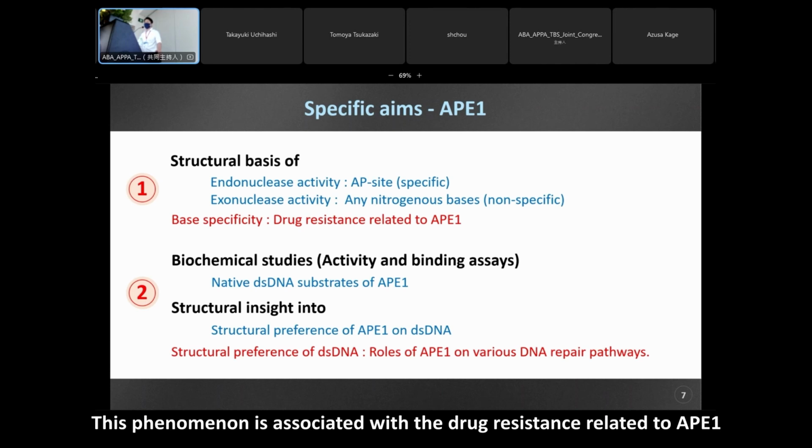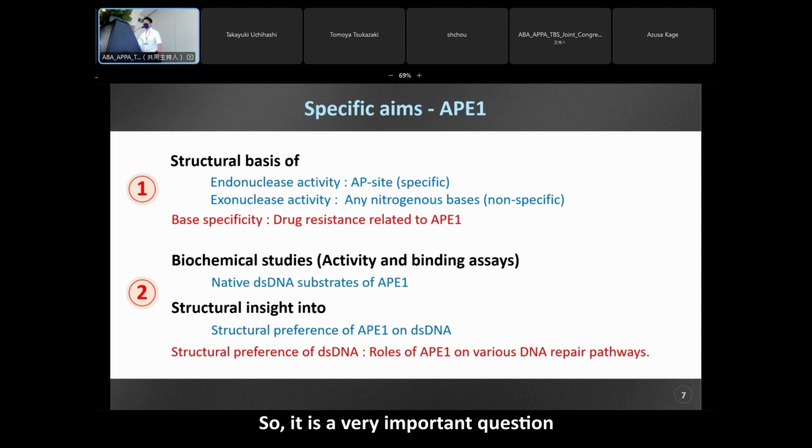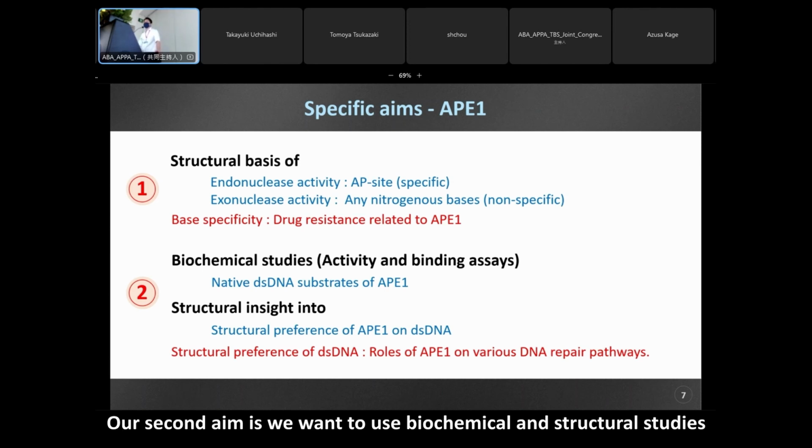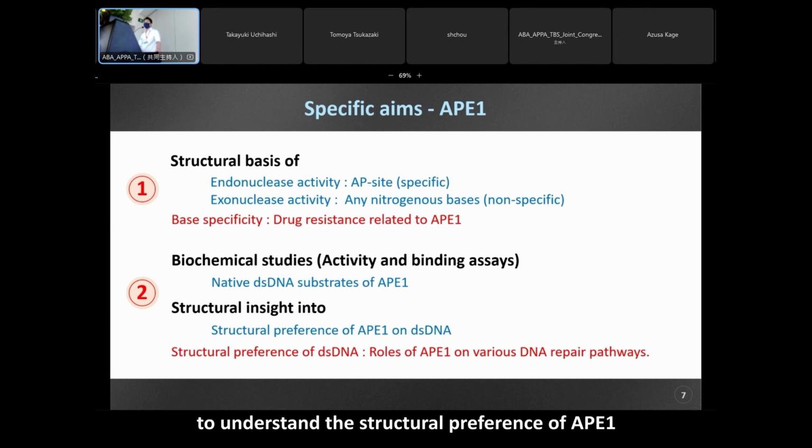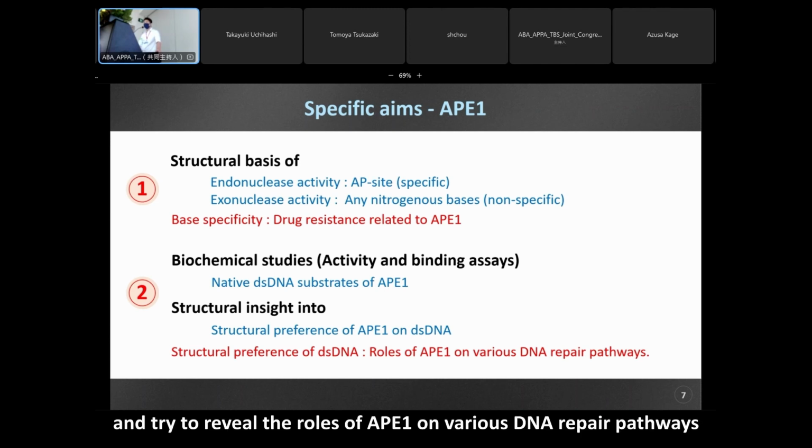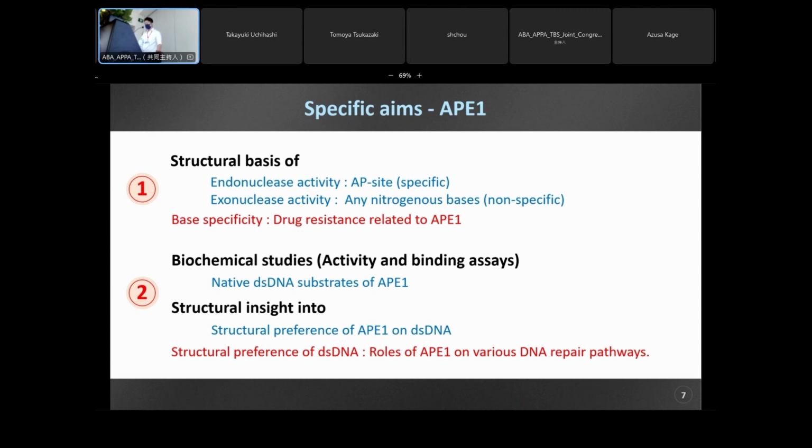This phenomenon is associated with the drug resistance related to APE1, so it is a very important question. And our second aim is to use biochemical and structural studies to understand the structural preference of APE1 and try to reveal the role of APE1 in various DNA repair pathways.